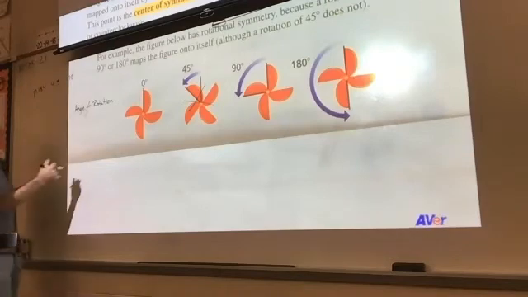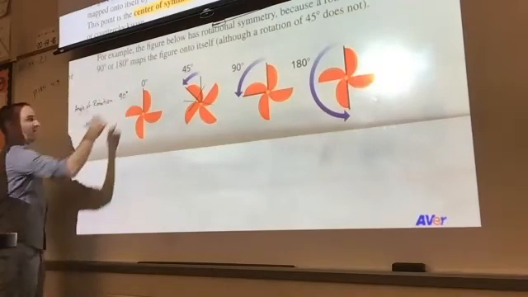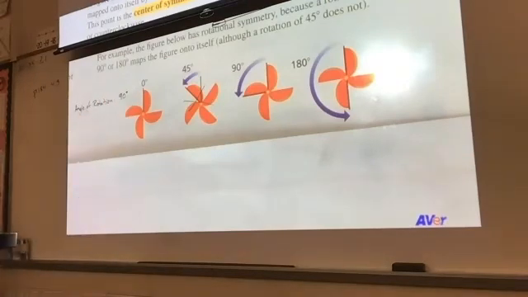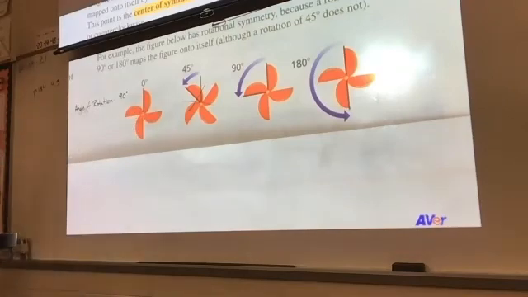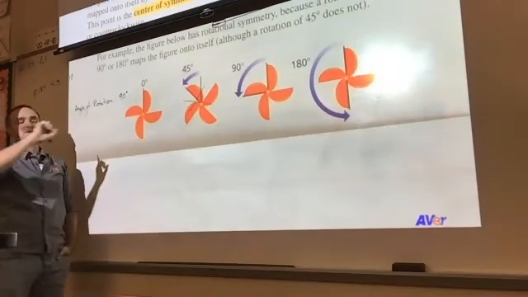The angle of rotation for this one would be 90 degrees. That's the smallest number of degrees I can turn this figure and it will look the exact same. And I can keep turning it 90 degrees. And every time I turn it 90 degrees, it will end up looking the same. Okay, that's our angle of rotation. It's how many degrees I can turn it so that it looks the exact same.